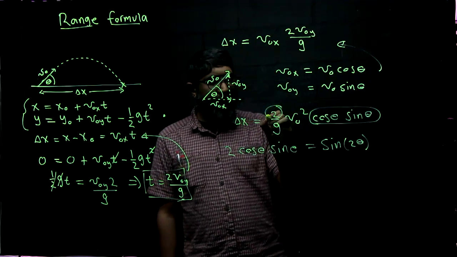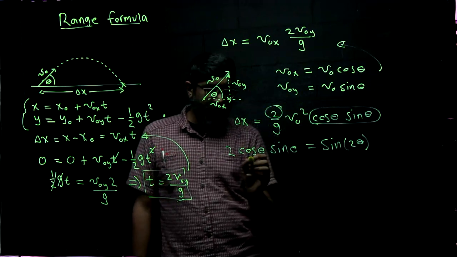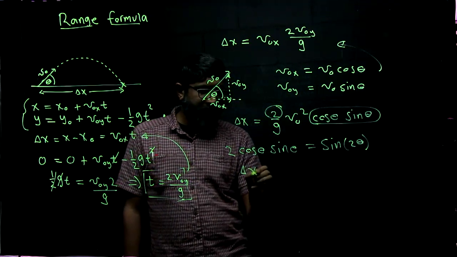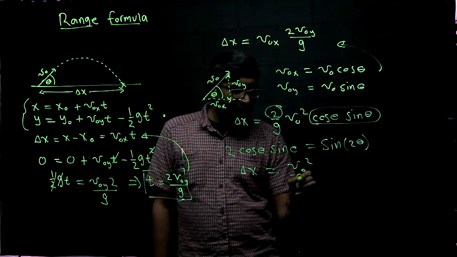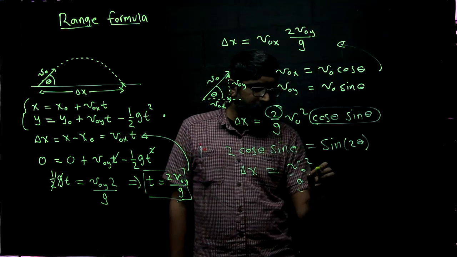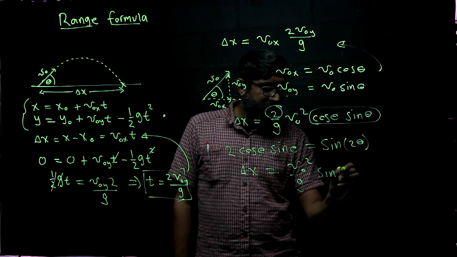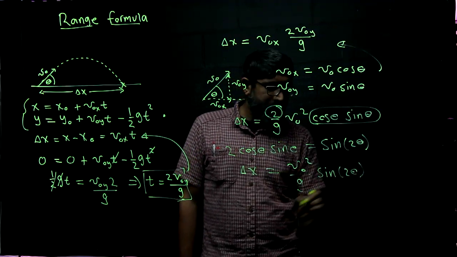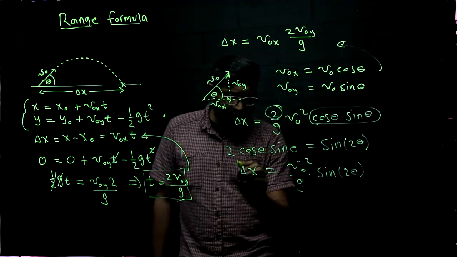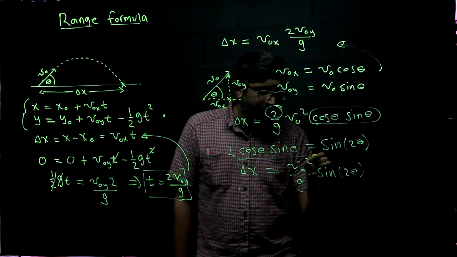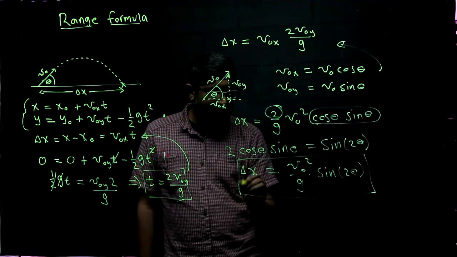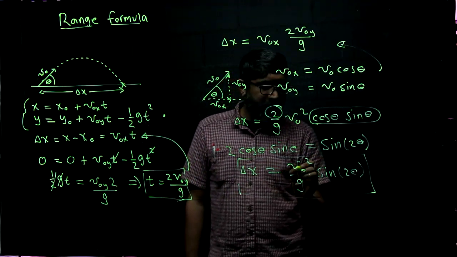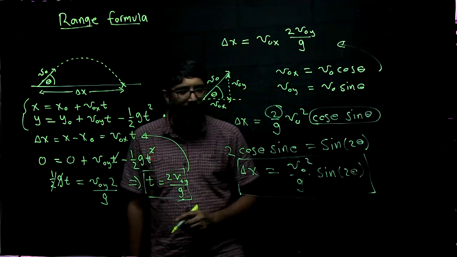So I replace all of this stuff with the sine 2 theta. That gives me delta x equals V0 squared over g times sine of 2 theta. And that's the answer. That is the range of this projectile as a function of the speed and the angle.